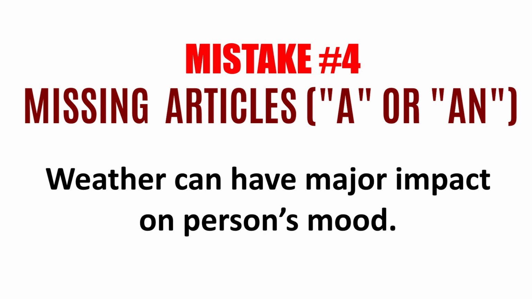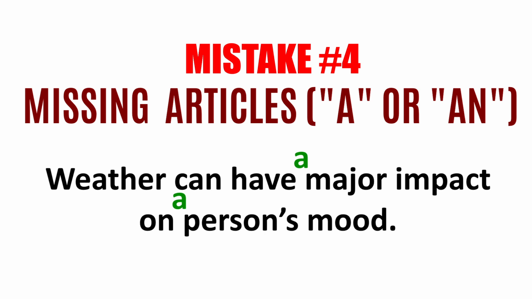Weather can have major impact on person's mood. This person has forgotten about articles. This writer is not using a when necessary. Impact is only one and it's countable. So we'll say has a major impact. Mood is only one and countable.